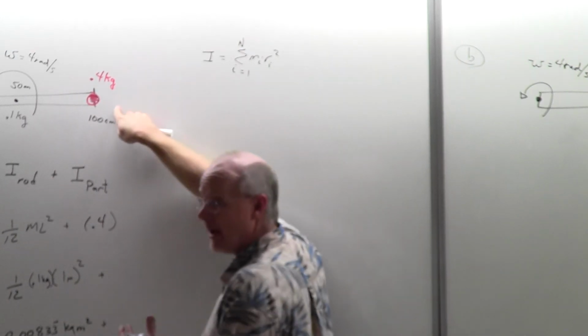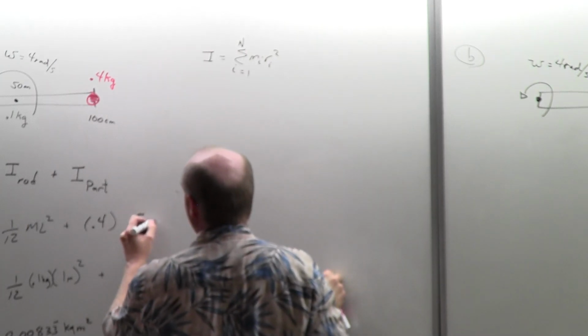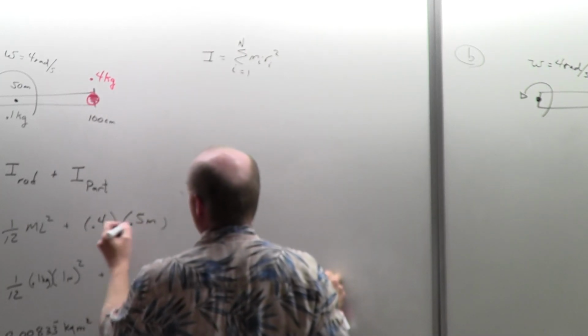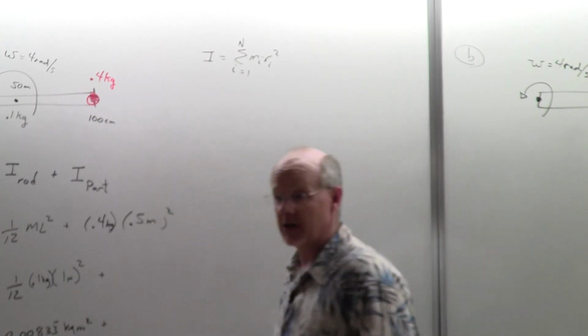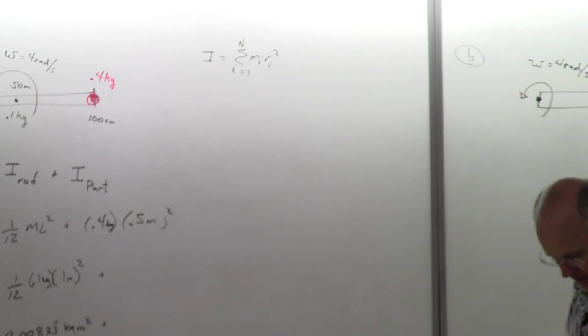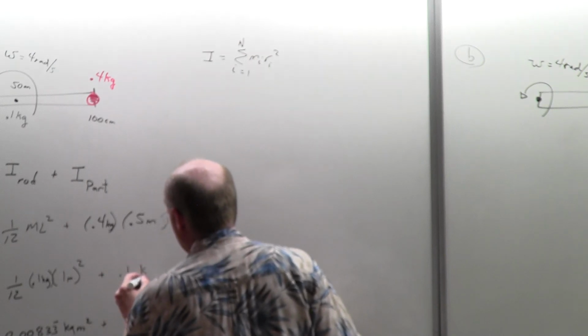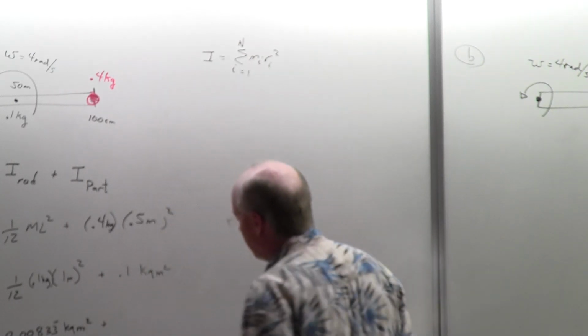What's the distance away? Okay, 1/2 meter, or as you said, 50 centimeters. Okay, so 0.4 times 0.5 squared is 0.1. Oh, I guess I didn't need a calculator for that one. But there's the blob.